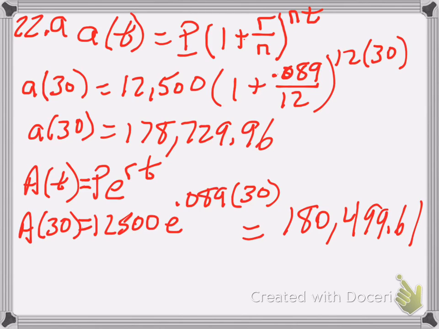And so now we're going to look at how long it takes for our investment to be worth $1 million. And we're looking for, assuming the interest is compounded continuously, how long would it take for your $12,500 investment to grow to $1 million?